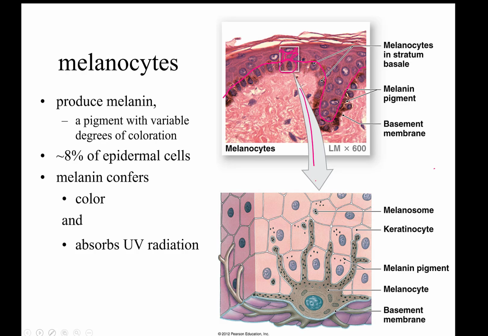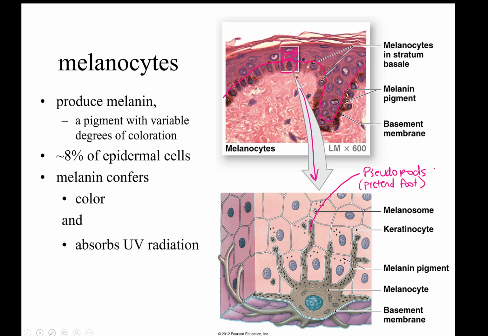And if you zoom in, you can see the melanocyte likes to sit in the stratum basale, and it puts out pseudopods. I'll write that down. Pseudopod means pretend or false foot. So it's the cell version of a foot.